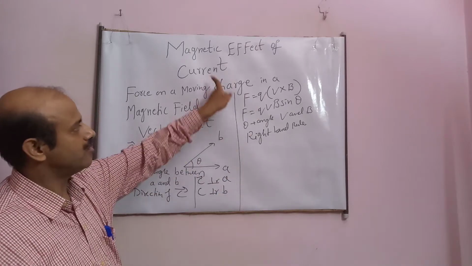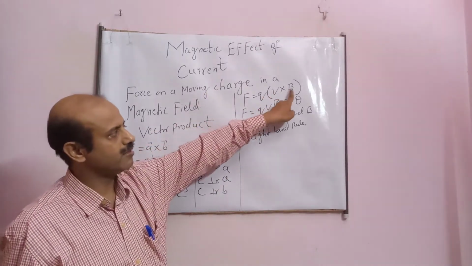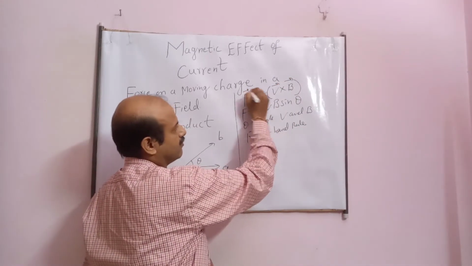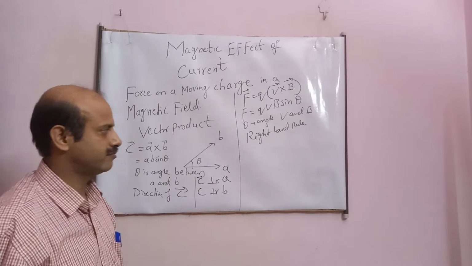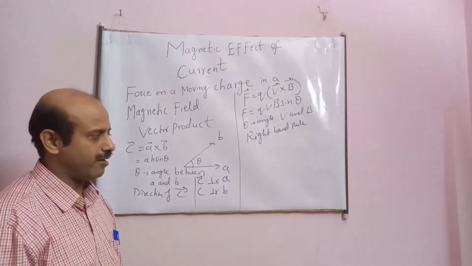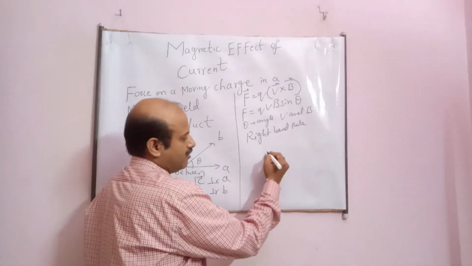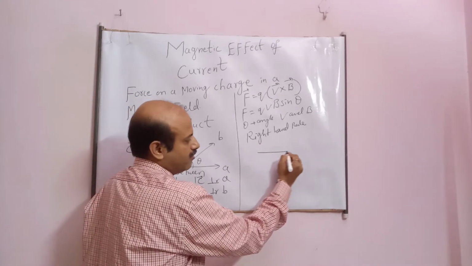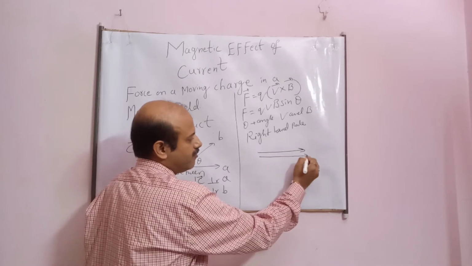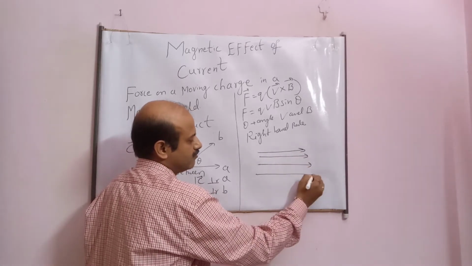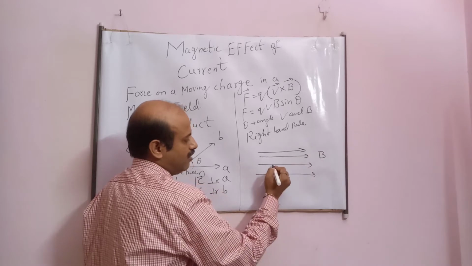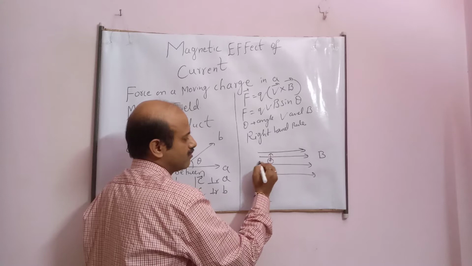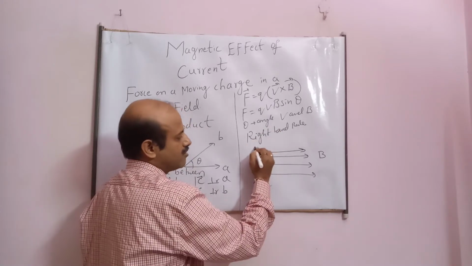Now, student, I am coming to this topic. Force, QVB sin theta. This is the first vector, and this is the second vector. Suppose, student, this is the direction of the magnetic field, and this is the direction of velocity of a positive charge moving along this side.